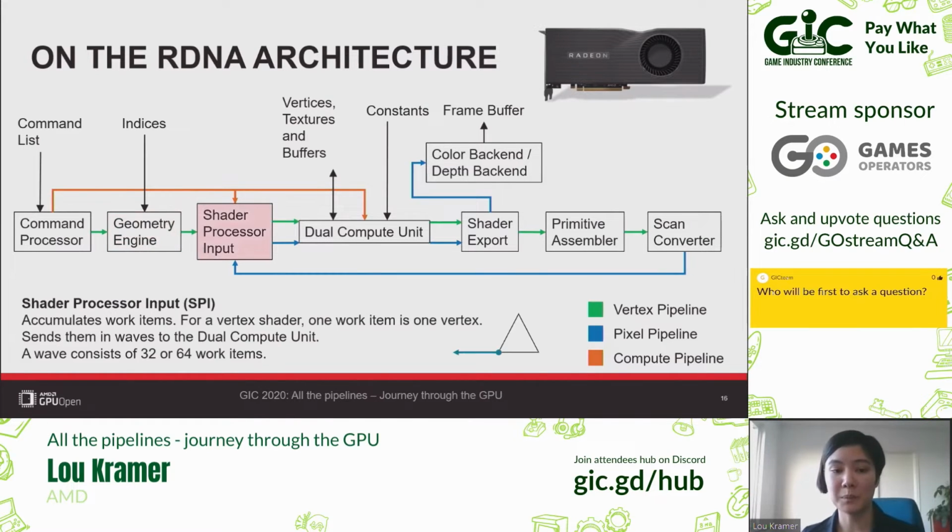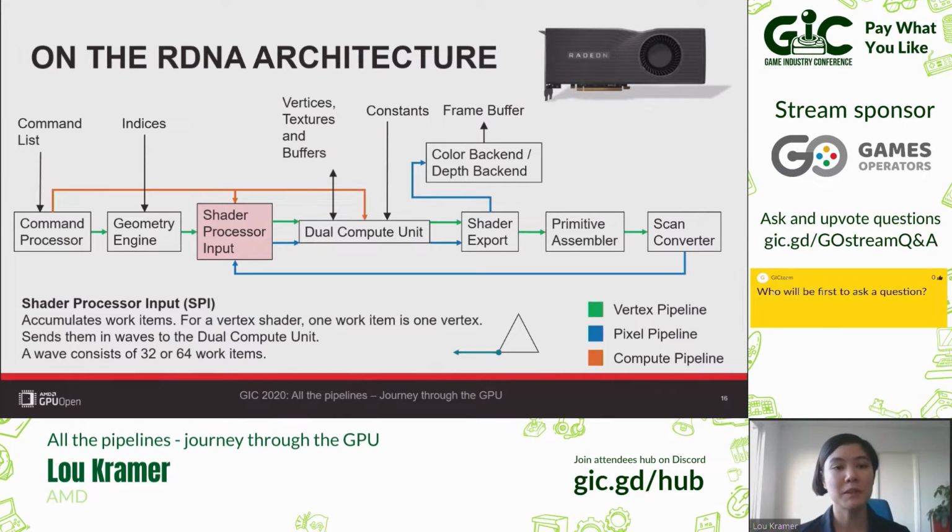The shader processor input accumulates work items. In the vertex pipeline, it accumulates vertices. The vertices are received from the geometry engine, and as soon as there are enough work items, it will kick off the work on the dual compute unit.